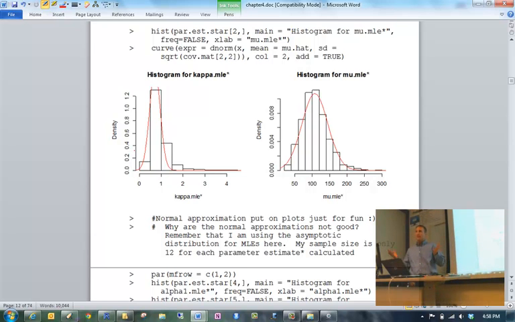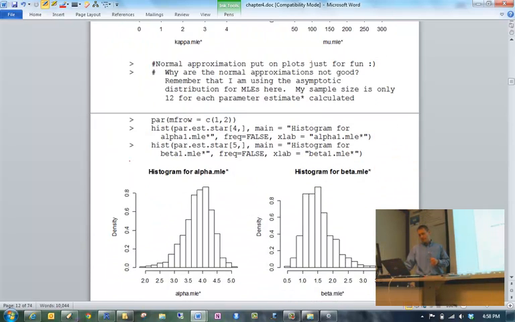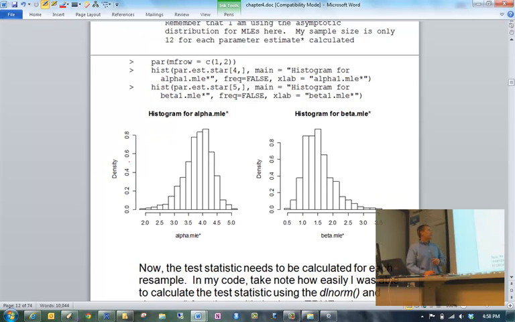Well, remember, you get a small sample. Maximum likelihood estimates are asymptotically normal. We have a sample size of 12. Here are the histograms for the log normal. Notice it's not normal as well.